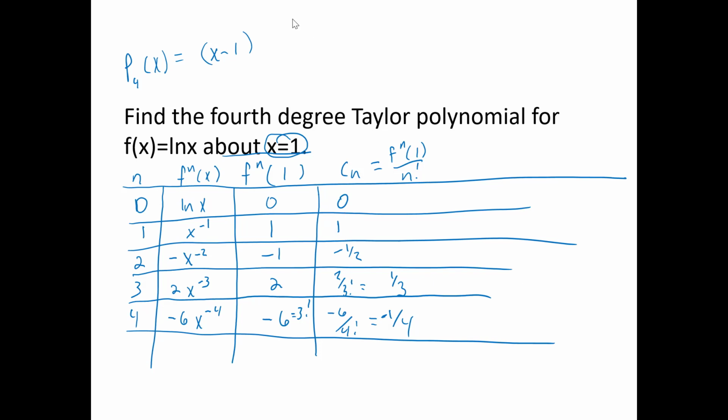And then minus x minus 1 squared. And your second coefficient is -1/2. And then it's plus x minus 1 cubed over 3. And then it's minus x minus 1 to the 4th over 4.